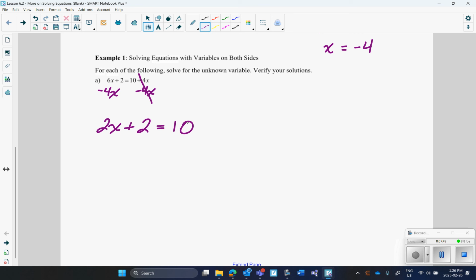Okay, so we subtract 2 from both sides. And I get 2x is equal to 8. And then I subtract 2 from both sides again. And I get x equals 6, right? No. Would anybody like to argue with me? Everybody should be wanting to argue with me.